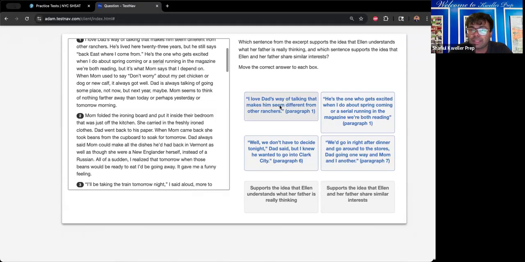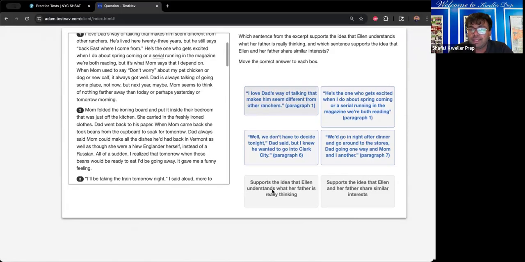"I love Dad's way of talking that makes him seem different from other ranchers." It says that she loves her dad's way of talking, but I don't think it supports either one. It doesn't show that she understands what her father's thinking. It's literally just her saying that she loves the way he talks. So this should probably not go in either one.